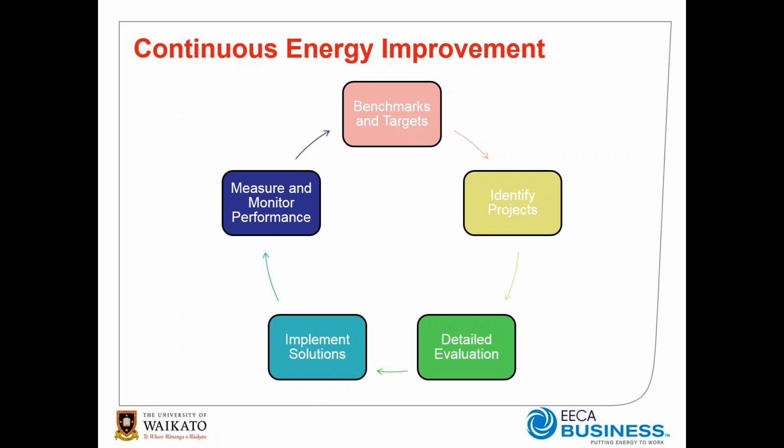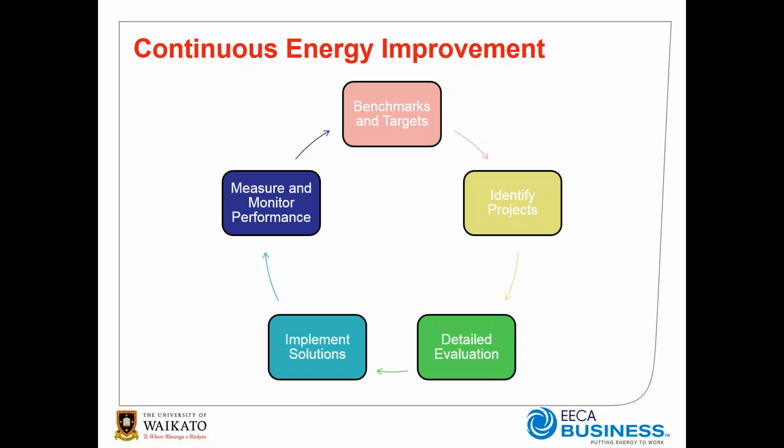This hopefully leads to an implementation of solutions and the construction of an investment roadmap. And that may be a stage-wise roadmap of implementing sequential projects in order to improve energy. It may also include a strategy that your company may implement for energy and environmental goals.